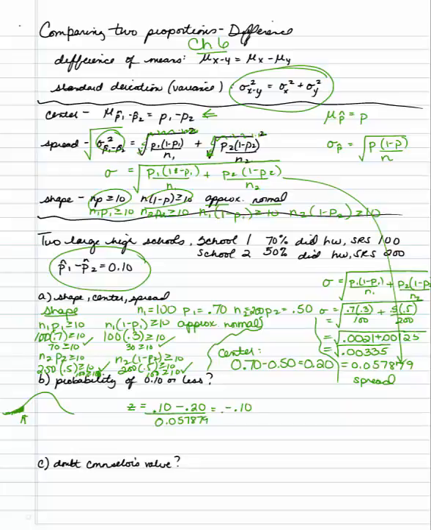So I believe I'm getting a negative for this one. Actually, I'm going to put negative 1.73. And then you need to use your table, 0.0418.